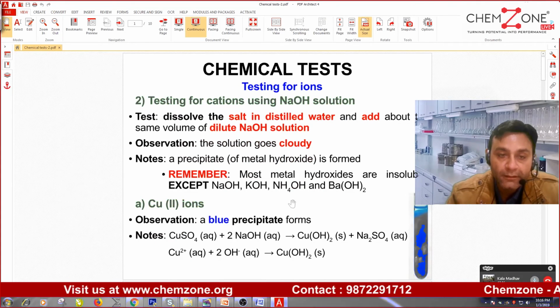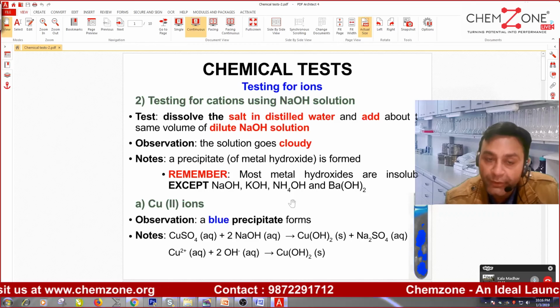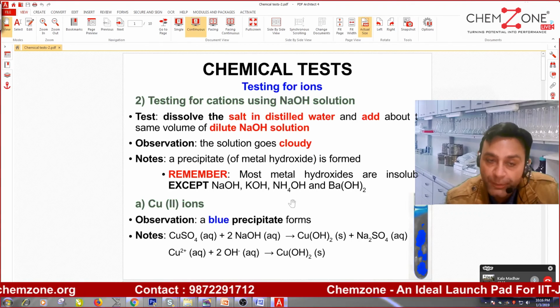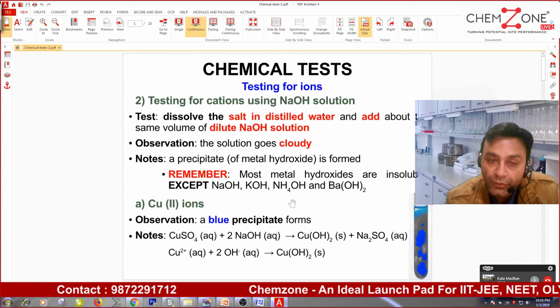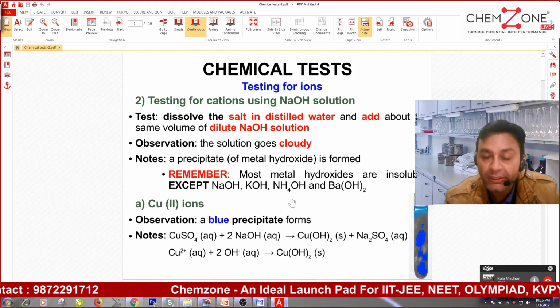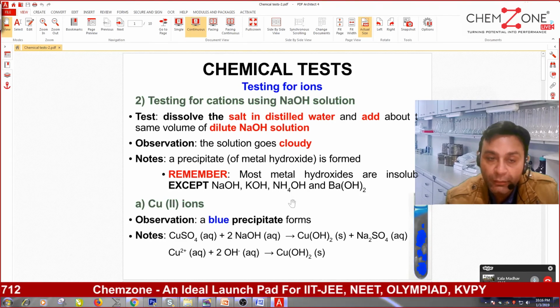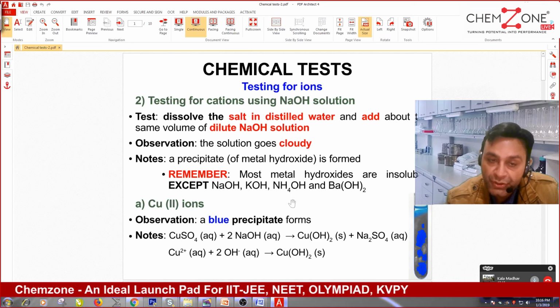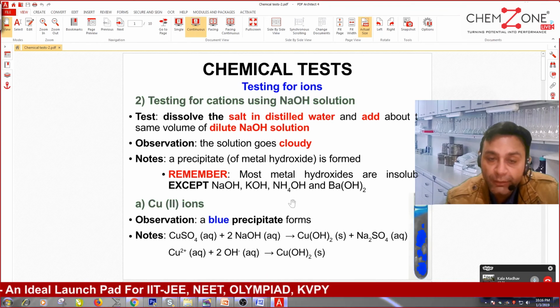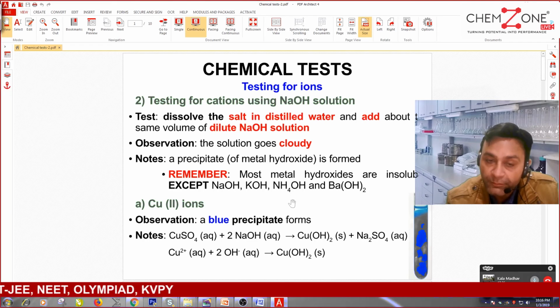Now, testing the cations using sodium hydroxide. Cations means the positive part of the salt. So dissolve the salt in distilled water and add the same volume of dilute NaOH. If the solution becomes cloudy, then a precipitate of the metal hydroxide is formed.